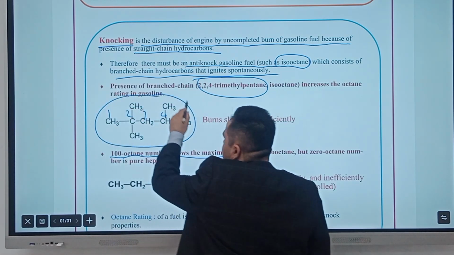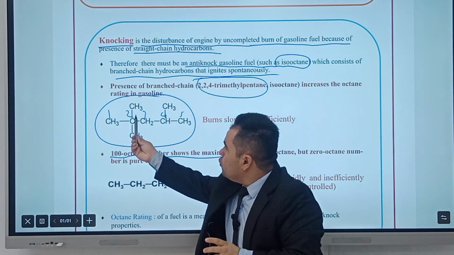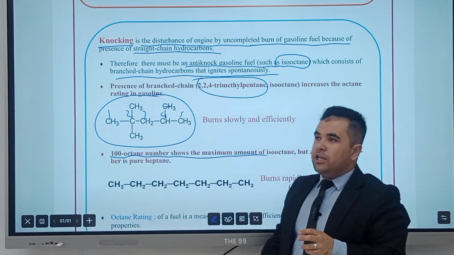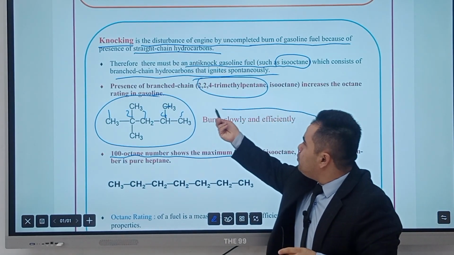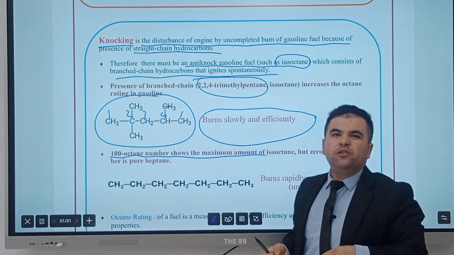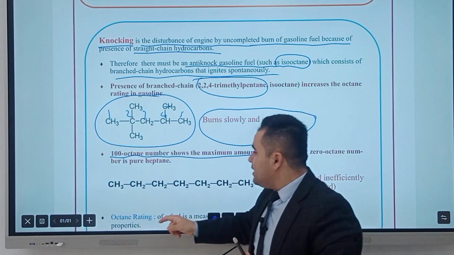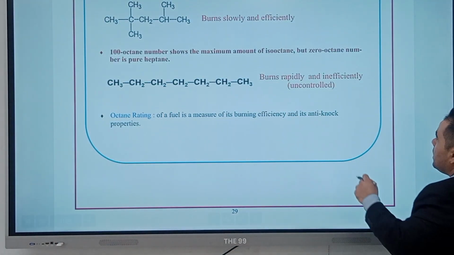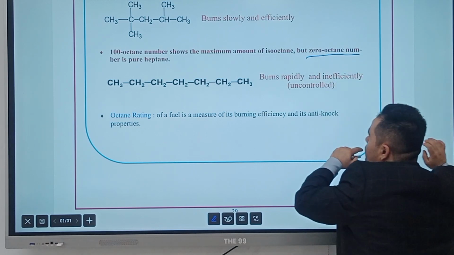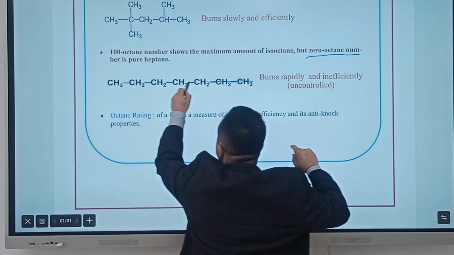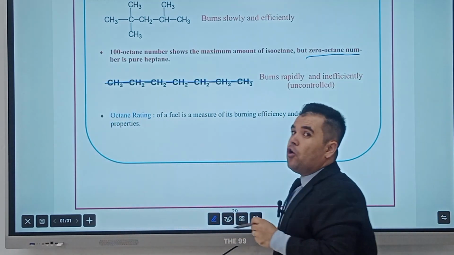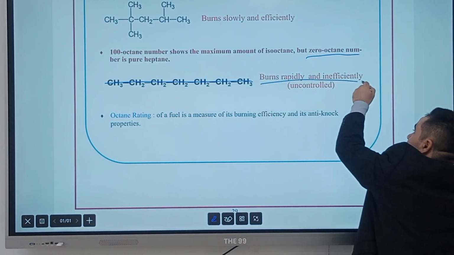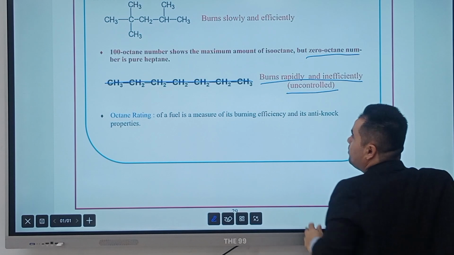This is the isooctane, guys. 2,2,4-trimethylpentane is isooctane, which burns slowly and efficiently, unlike the heptane, which has a 0 octane number and burns rapidly and inefficiently, uncontrolled in burning.